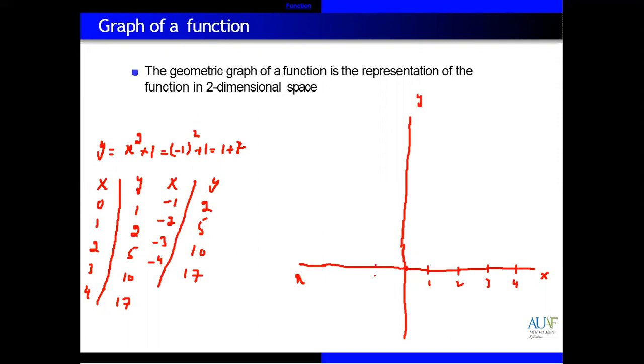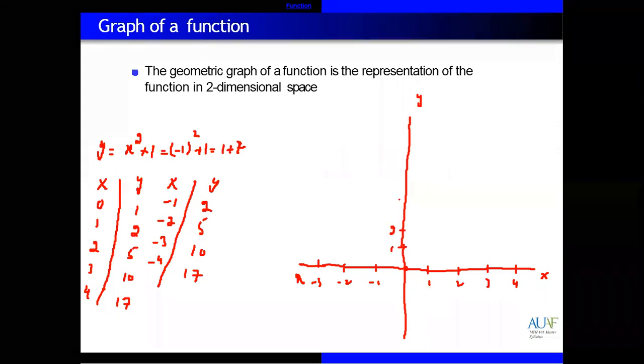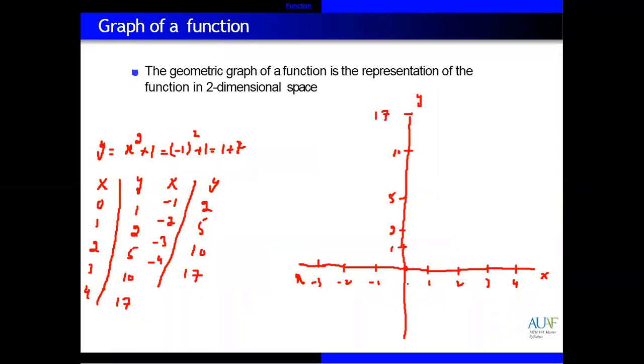Same negative values, minus 1, minus 2, minus 3. For y, plus values, I will start from 1, like we have 1, then we have 2, then 5, then let's suppose 10, and then 17. Same negative values, minus 1, minus 2, minus 3. These are also possible.